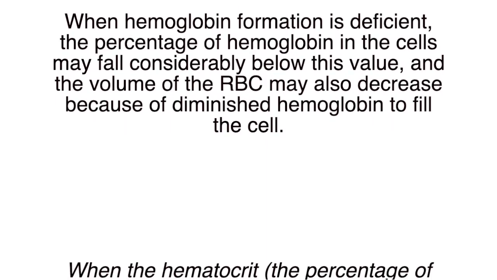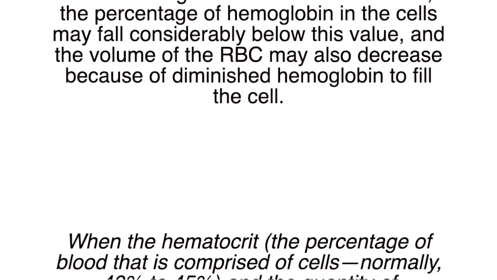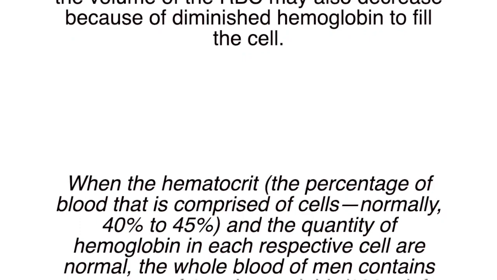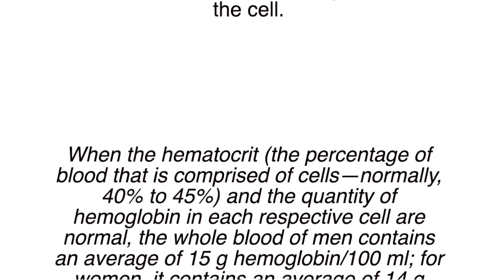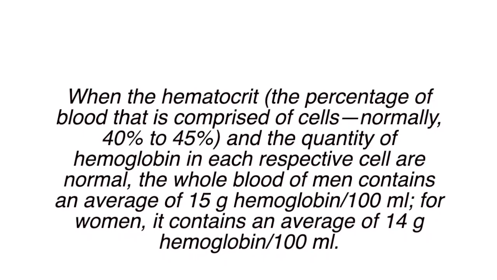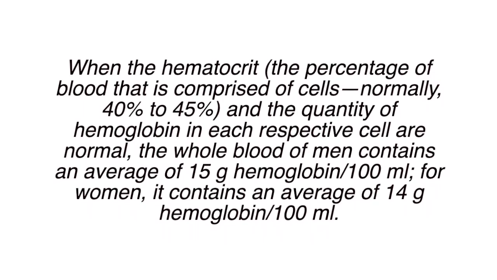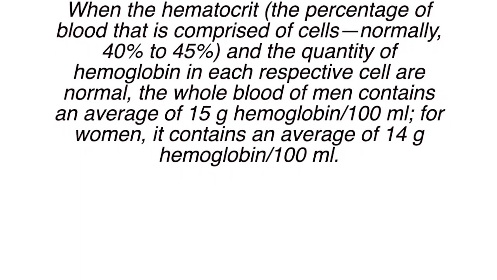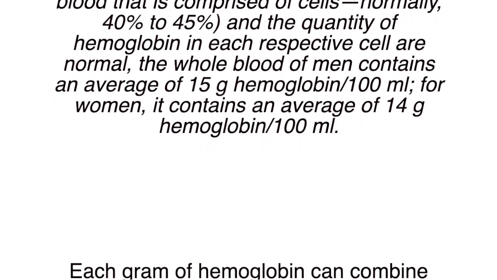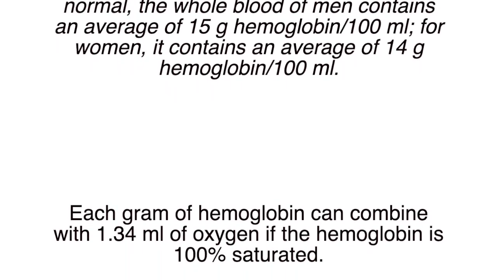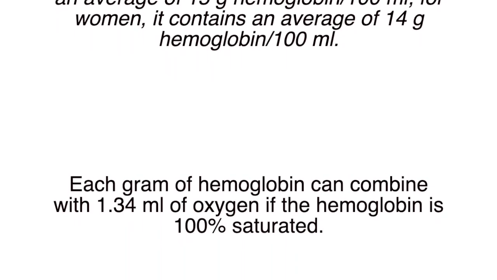When the hematocrit, that is the percentage of blood that is comprised of cells, is normal, 40 to 45%, and the quantity of hemoglobin in each respective cell is normal, the whole blood of men contains an average of 15 gram hemoglobin per 100 ml. For women, it contains an average of 14 gram hemoglobin per 100 ml.